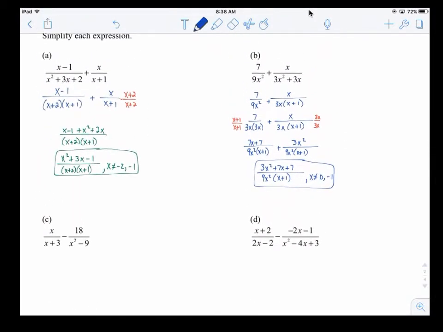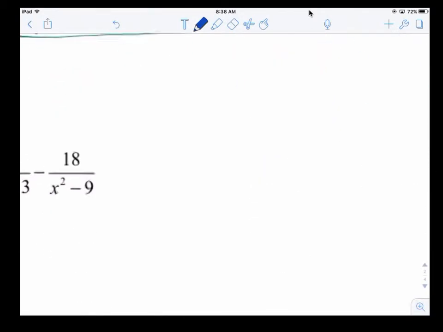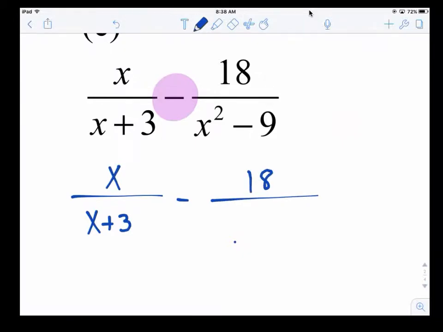We good so far, those first two? All right, so if I'm going to rewrite C, now this is a subtraction, so you're going to have to pay attention to the negative. So you got x over x plus 3 minus now 18 over x plus 3, x minus 3.